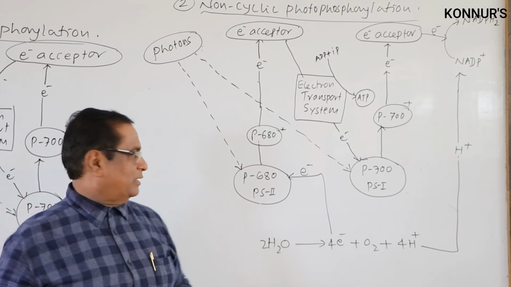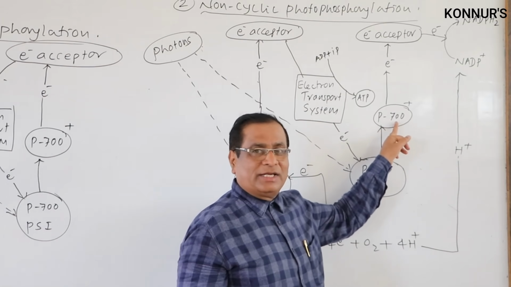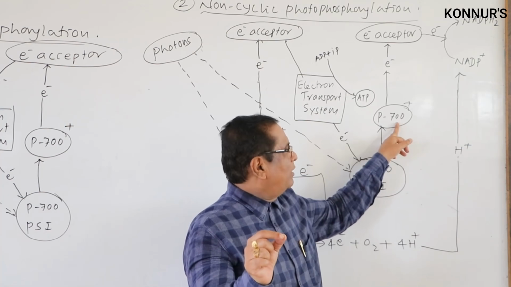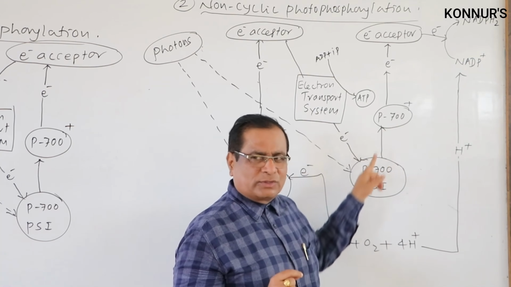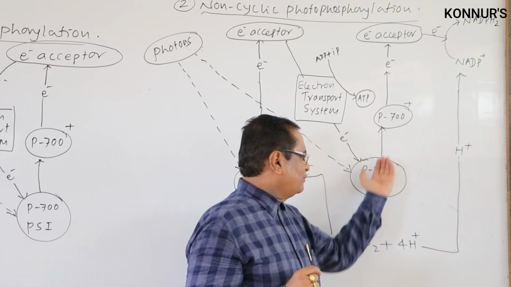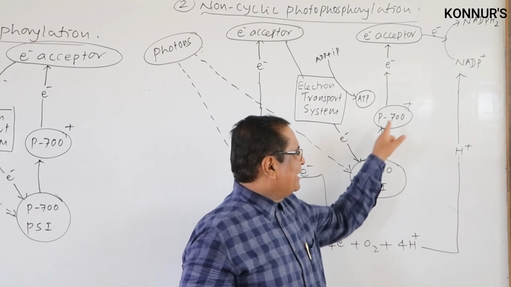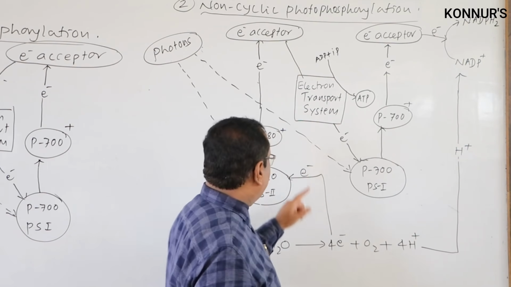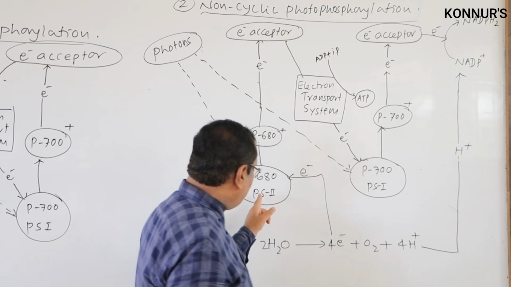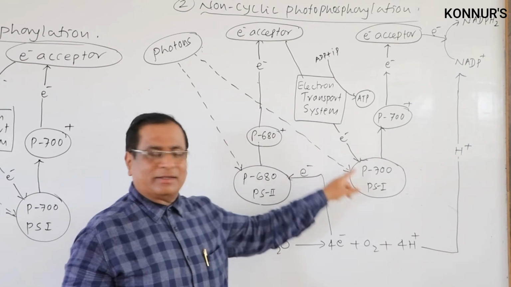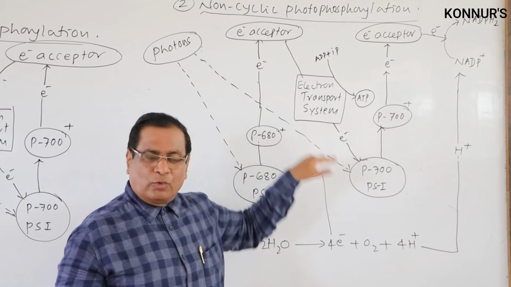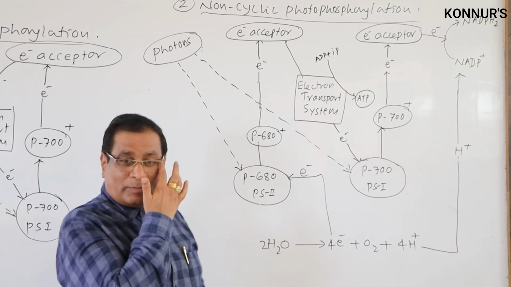The next question: the excited chlorophyll A700 of photosystem first comes to ground level by getting the electron from photosystem second.